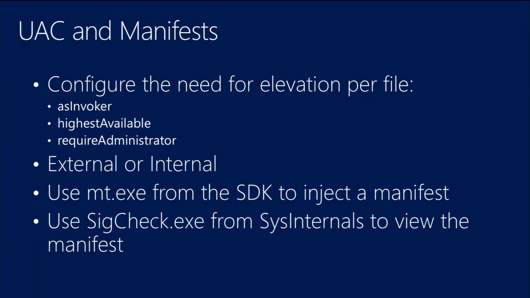Now you can inject your own manifest by yourself by using mt.exe from the SDK, but if you do that and the executable was a digitally signed executable, you will break the signature. So that's something to remind yourself of. If you inject it, you change the file and the checksum, and the signature is broken.